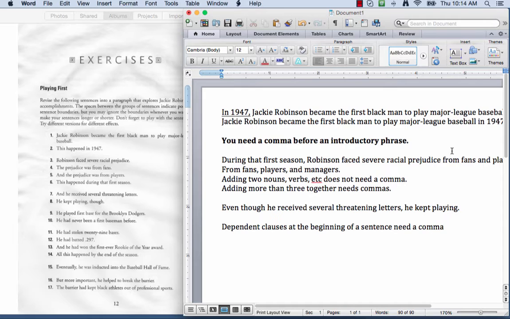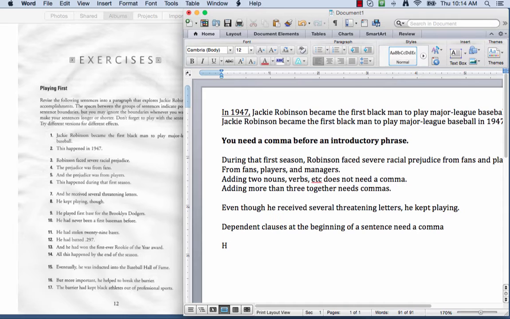You can just think of it as anything that comes before the main sentence is going to need a comma. You don't need to memorize dependent clauses and introductory phrases. Just remember anything before it, okay? But what I did was I made a dependent clause, and we'll talk more about that later. Okay, let's hurry through this because I'm taking too much time.